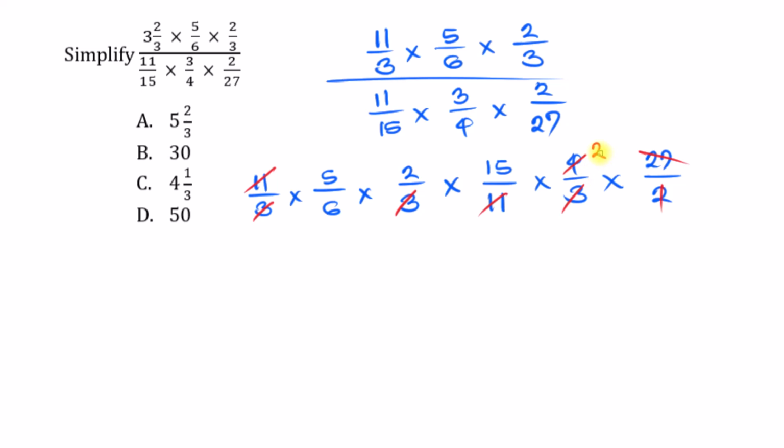Whereas 2 here 1, 2 in 6, that is 3, 3 here 1, 3 in 15, that is 5. So we have just these numerators left, 5, 2 and 5. So that will give us nothing but 5 times 2, which is 10, 10 times 5, and that's going to be 50. So 50 here is going to be the solution to this question.